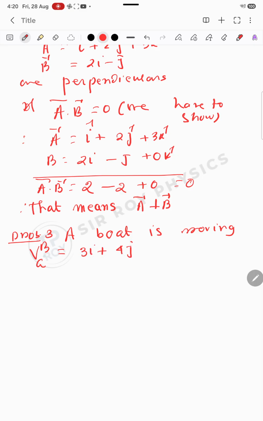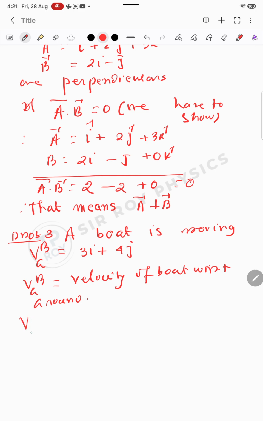Then the velocity of the boat with respect to ground, VBG, velocity of boat with respect to ground, and velocity of river is given as minus 3i minus 4j.